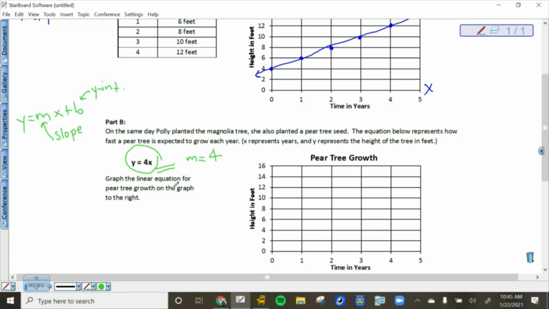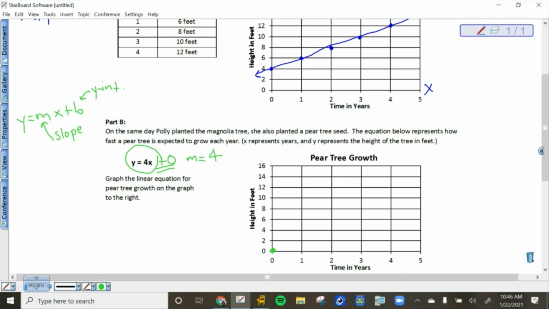So what could be like an invisible number that I'm adding? Not 1, because if I add 1 to 2, what does it become? 3. 0, because if I add 0 to 1, what does it become? Just 1. So if I add 0 to 4x, it would be 4x. So there's kind of like this invisible plus 0 there. So what's my y-intercept? 0. That's my b.